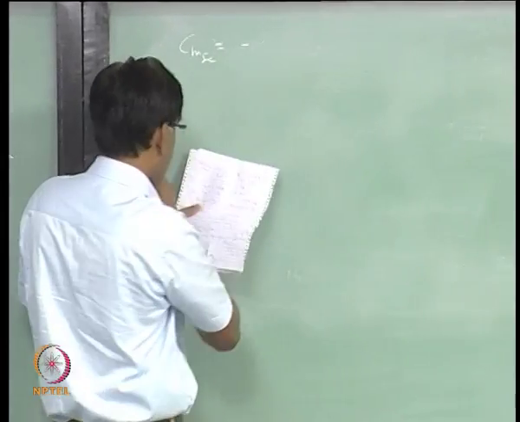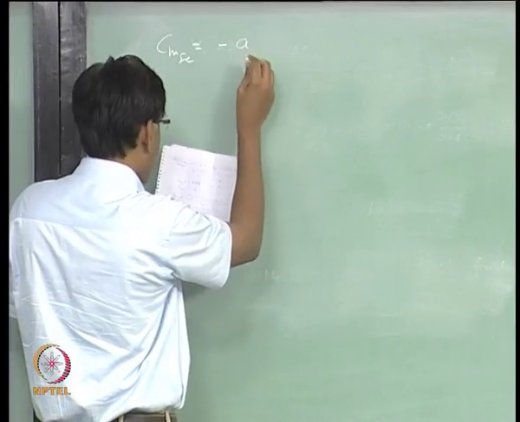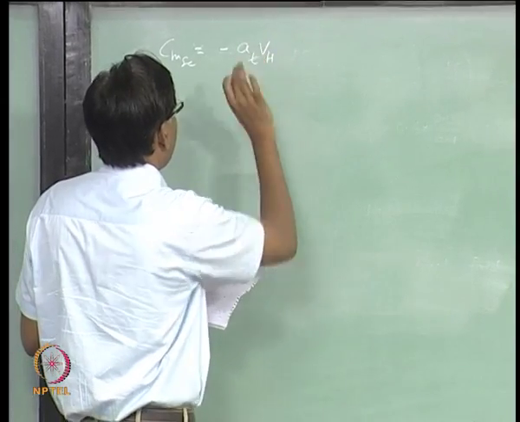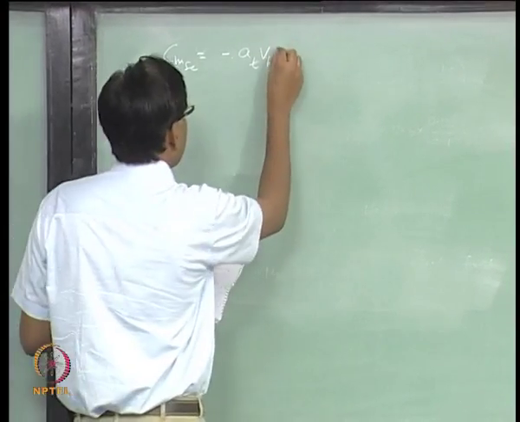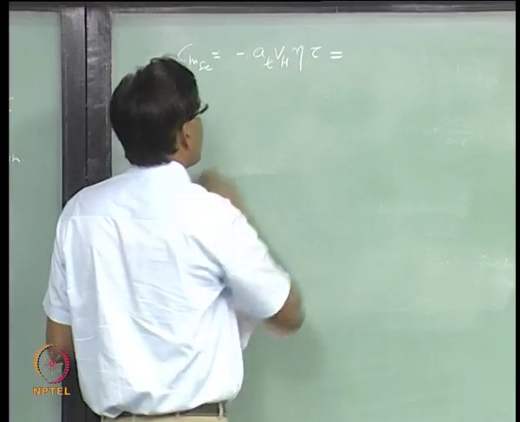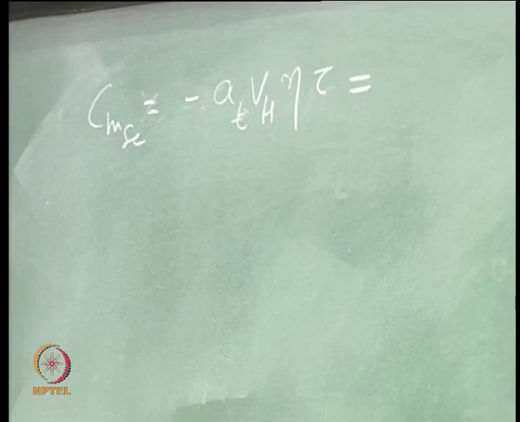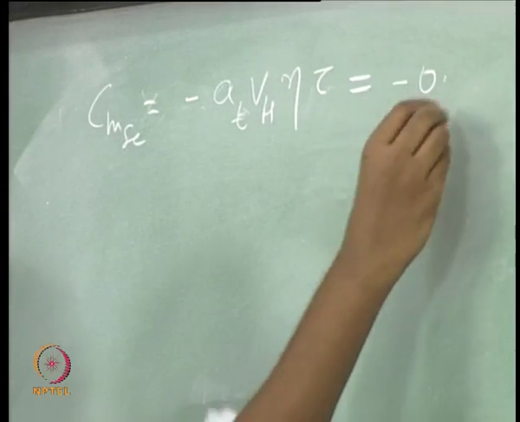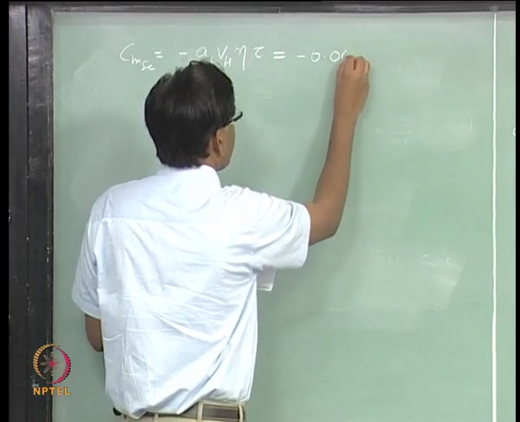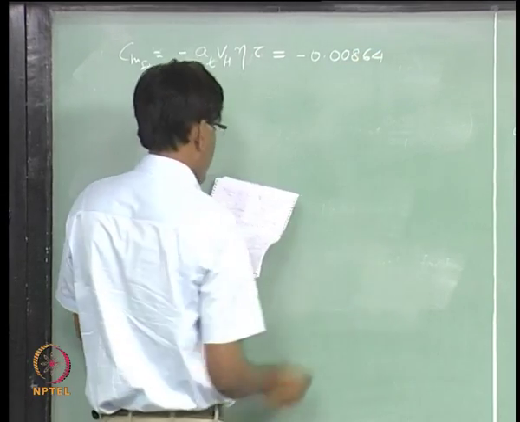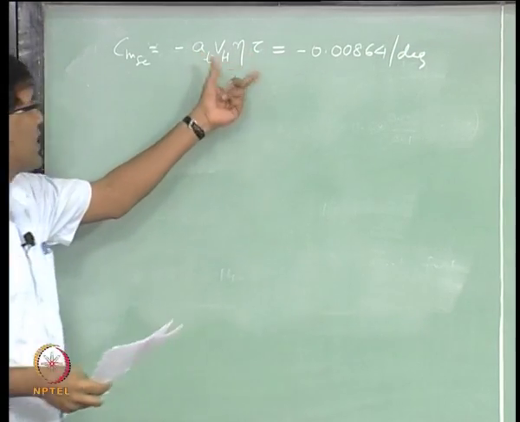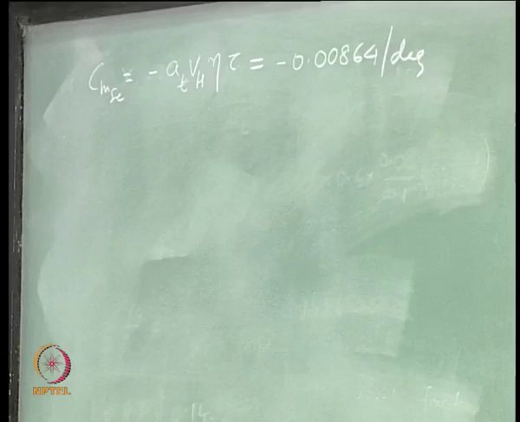So, if you remember, Cm delta is this. So, everything you know here, so you can find out the number.